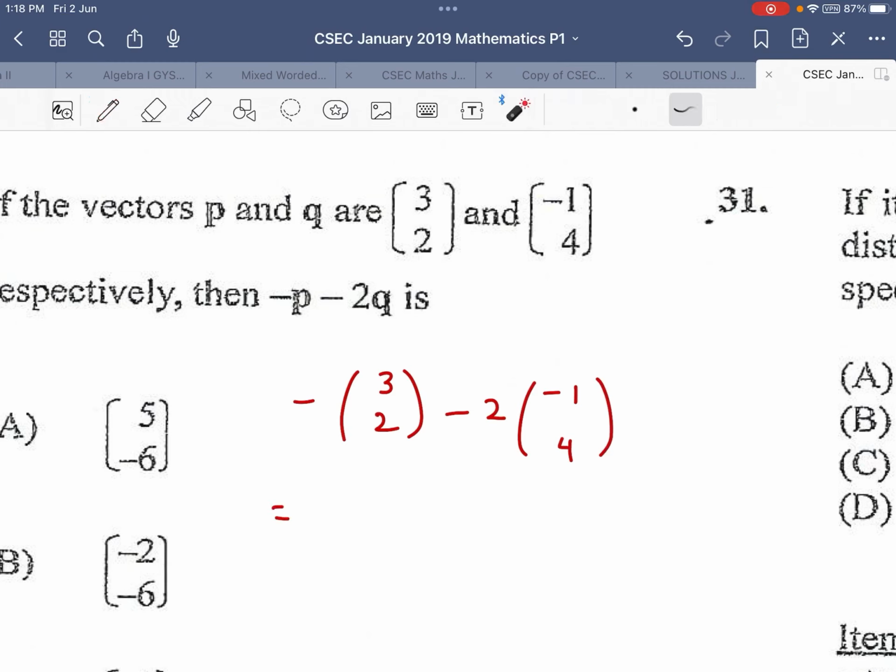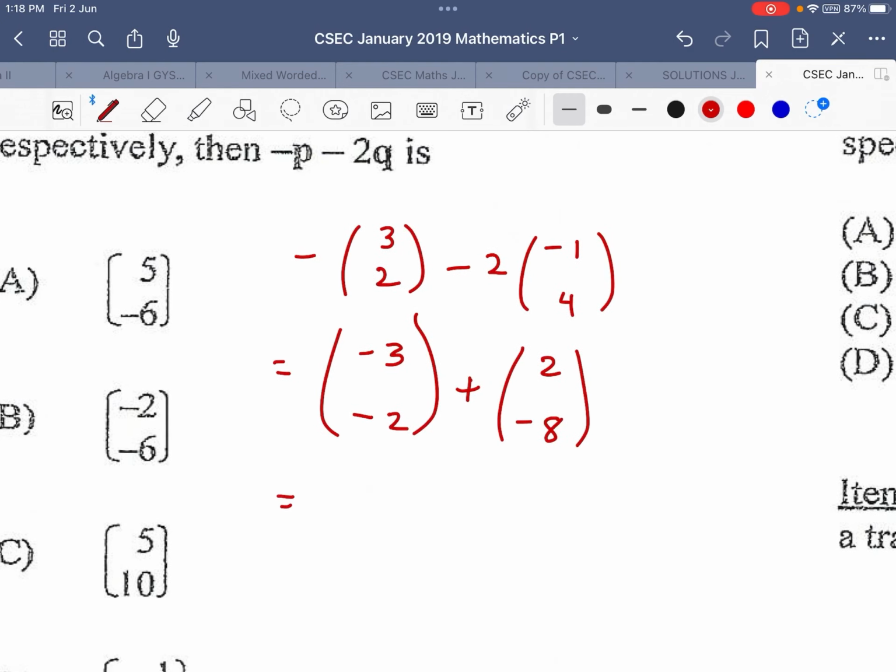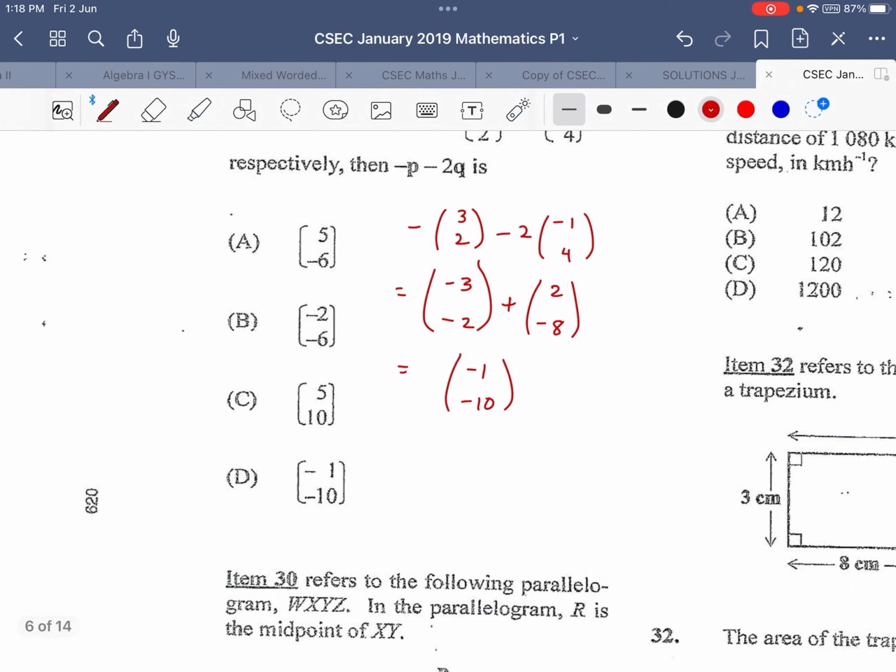What we'll do is we will multiply everything here by minus 1, so we'll get minus 3, minus 2, also known as distributing the negative sign, and then we'll multiply everything here by minus 2, so we'll have plus minus 2 times minus 1 is positive 2, minus 2 times 4 is negative 8. Right, so minus 3 plus 2 is minus 1, minus 2 minus 8 is minus 10. Right, so D is your answer.